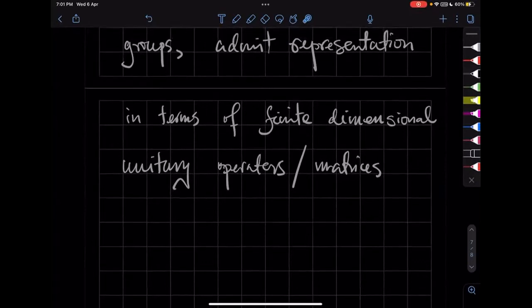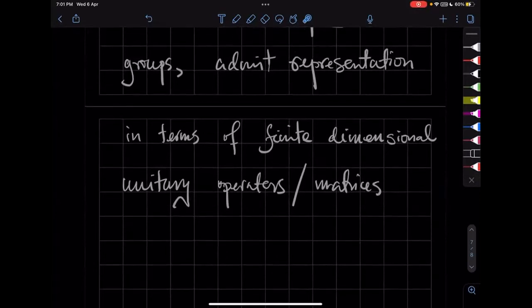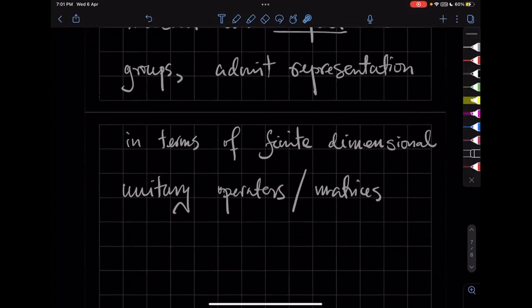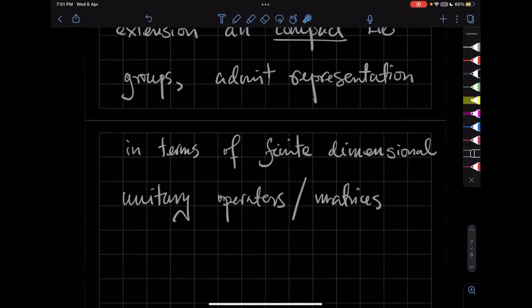It just says that for compact Lie groups, it admits finite dimensional unitary representations. Right. It doesn't say anything about non-compact Lie groups, right? So, but we know that since the Lorentz group is a non-compact Lie group, it cannot have a finite dimensional.